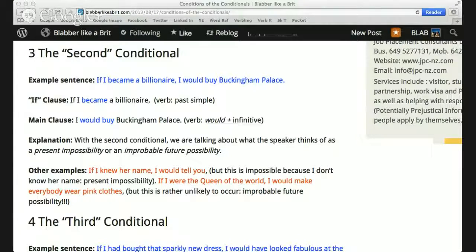Okay, let's ask Ken. Ken, it's your turn. If you became a billionaire, what would you do? I've never been rich, so maybe I would save my money and I would think, what should I do? Good answer.